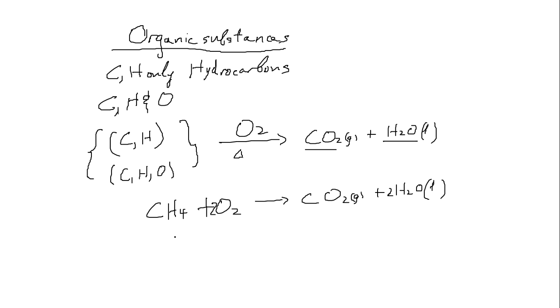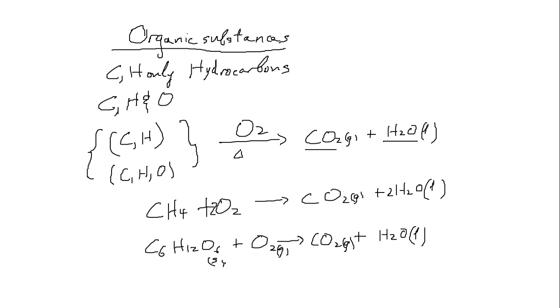All right? Let me do another example. Let's say you're given glucose, C6H12O6, and you are asked to write down the combustion reaction for glucose. So again, the reactant is O2, and the products will be CO2 and H2O as always. H2O liquid, CO2 gas, oxygen is going to be a gas, and glucose is a solid.